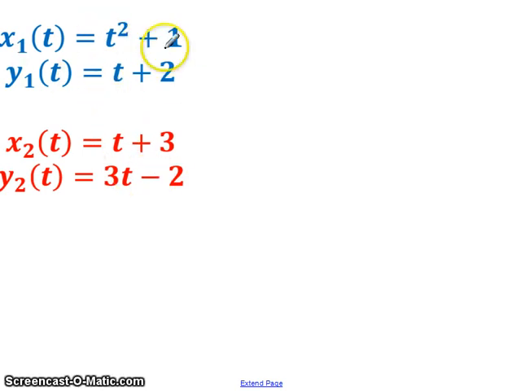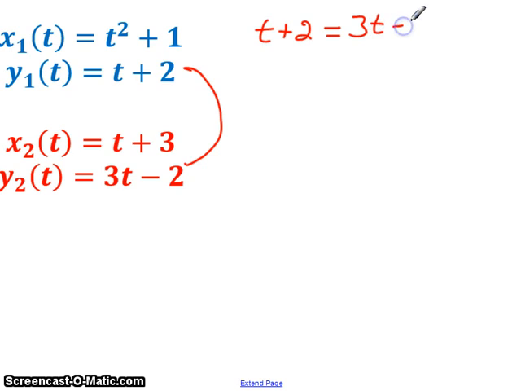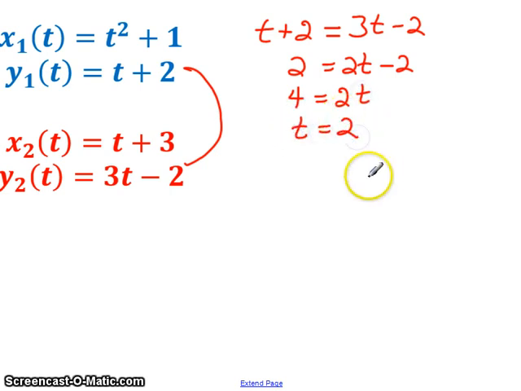Once again, I have a squared up here, so I'm going to start with the y's. I'm going to take t plus 2, set that equal to 3t minus 2, and let's start off by subtracting t from both sides, and then we'll go ahead and add 2 to both sides, and then divide by 2, and we see that t equals 2 is when their y values are the same.